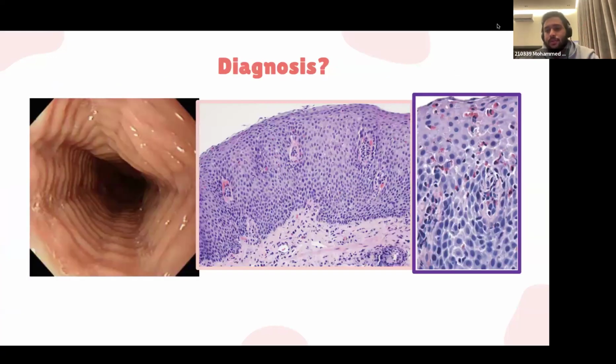Then you have this patient who tells you that they have chronic reflux and heartburn. They tried a trial of proton pump inhibitors. It did not work. They tell you that they have asthma. What does this patient have? Good. So this is eosinophilic esophagitis. It's very similar to GERD.